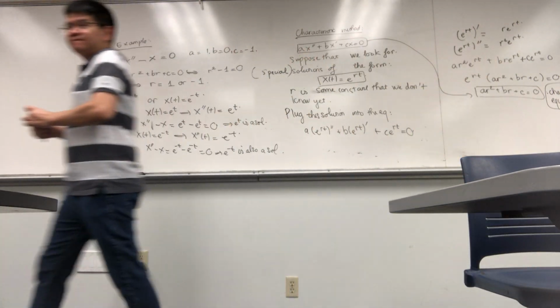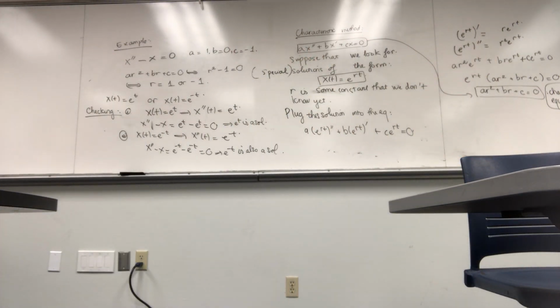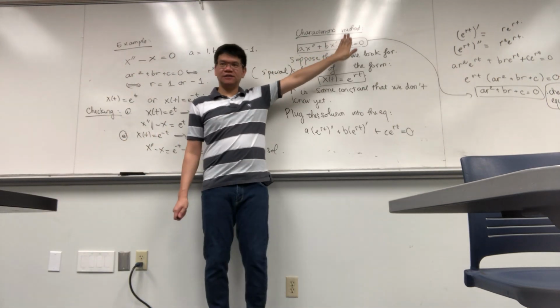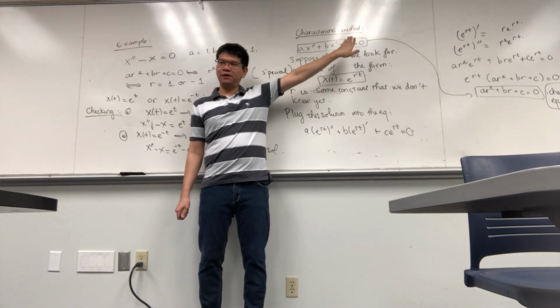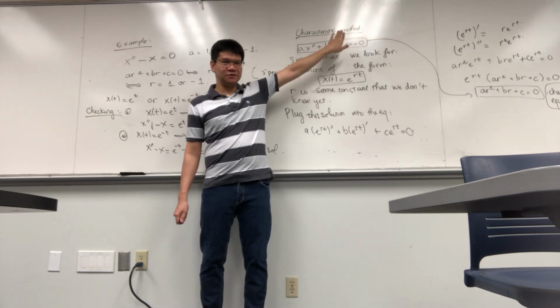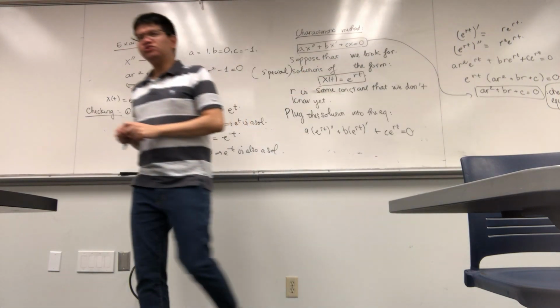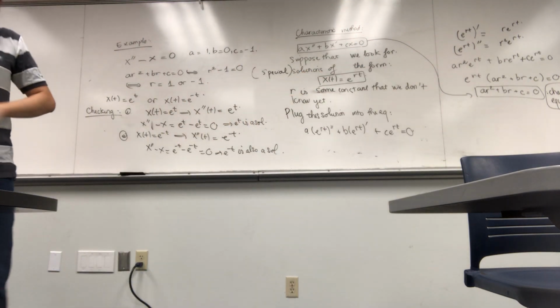All right. Good. Questions? So I explain again the basic idea, right? You have a second order differential equation, ax'' plus bx' plus cx is 0. You look for a solution of the form exponential of rt.